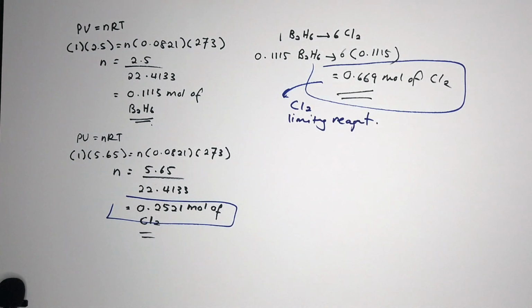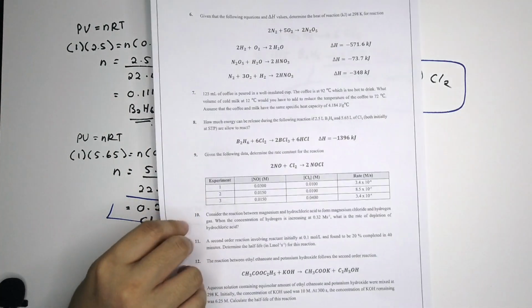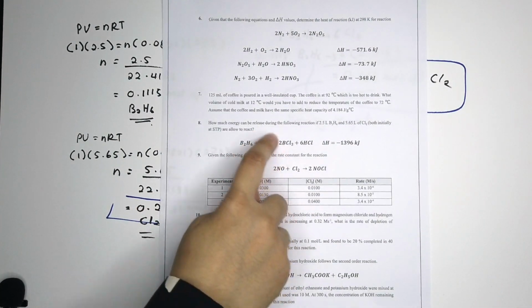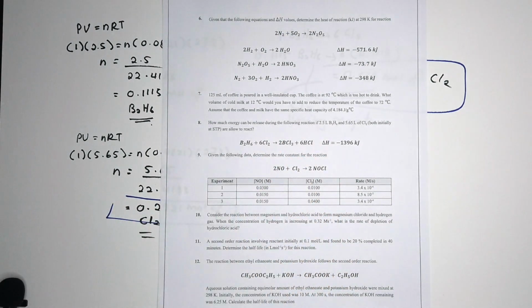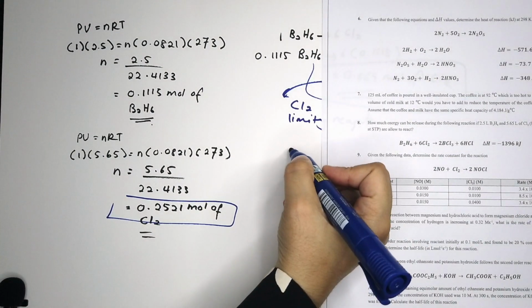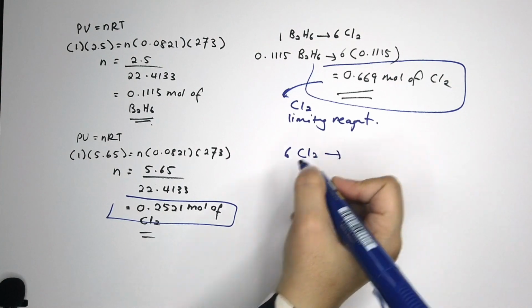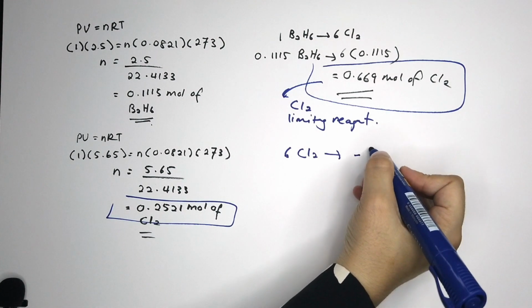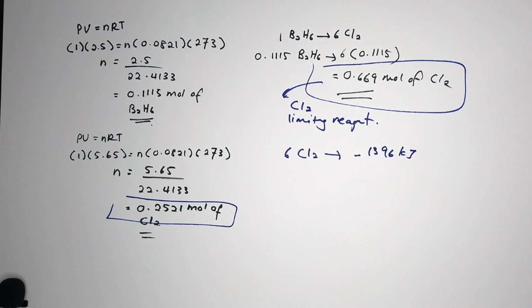Alright, since the Cl2 is your limiting reagent, we are going to look back at the question. From the question, it states here that 6 Cl2 will produce negative 1396 kilojoule. So how much Cl2 do you have?